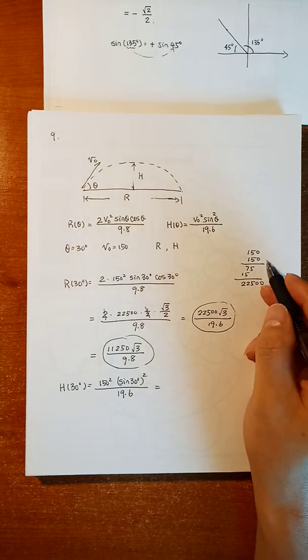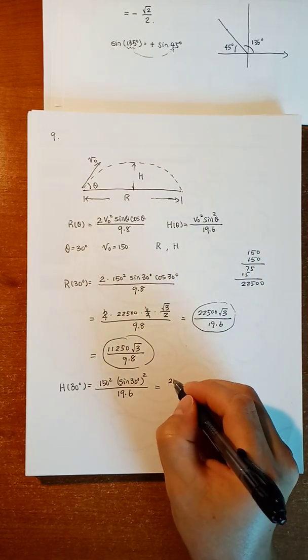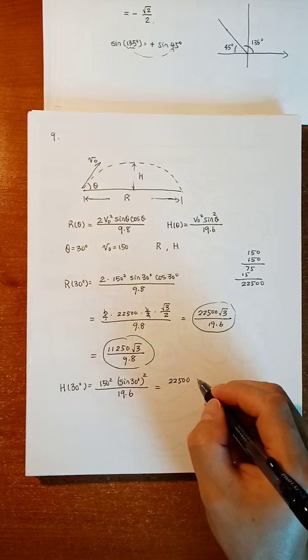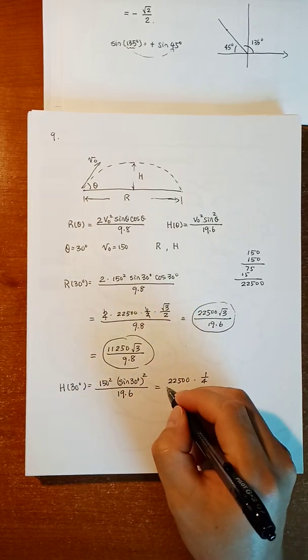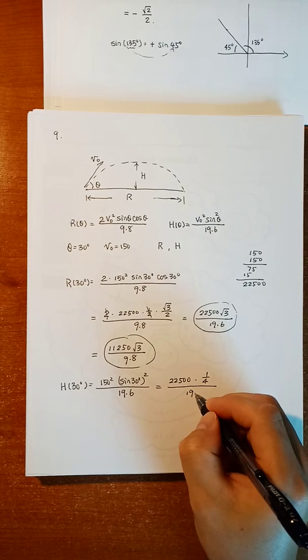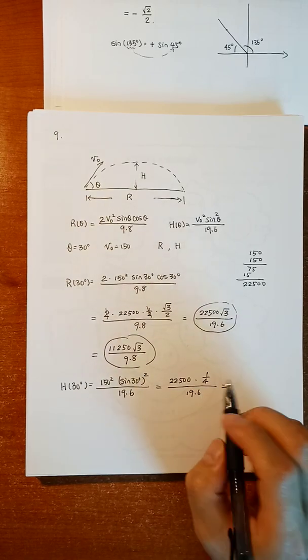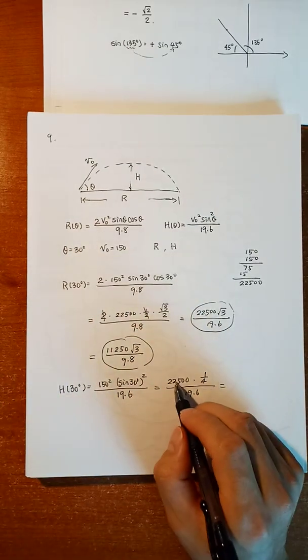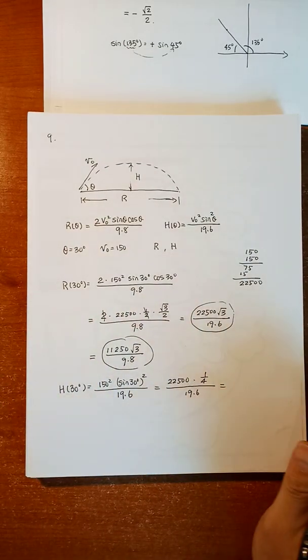Okay, 150 squared, we just computed, is 22,500. Sine 30 degrees is 1/2, squared is 1 over 4. Well, if you want, you can cancel 1 over 4 with this 22500.